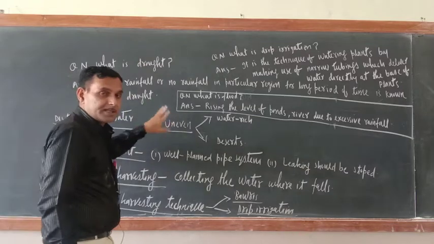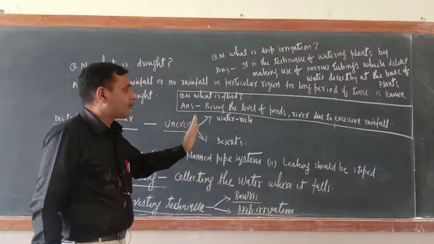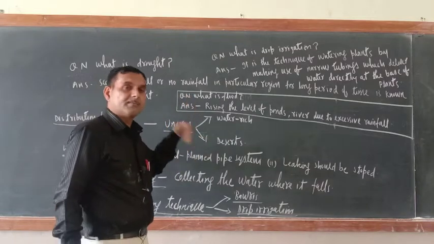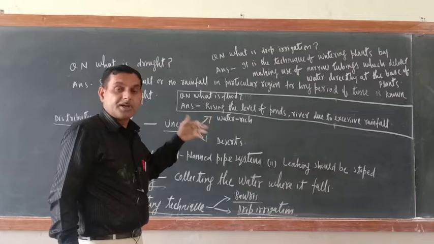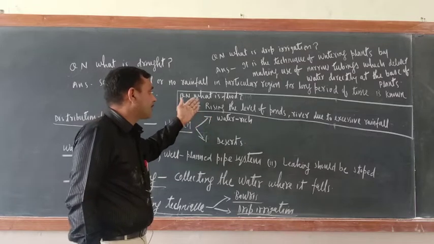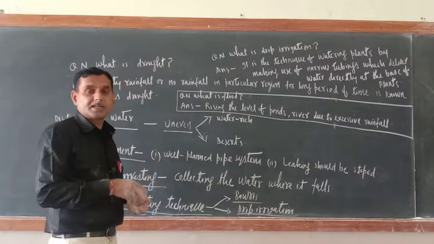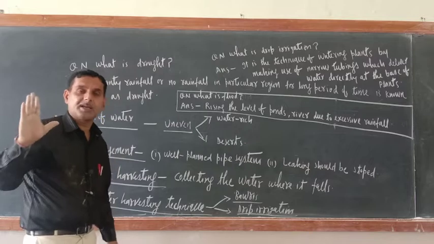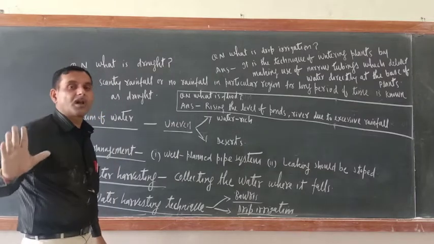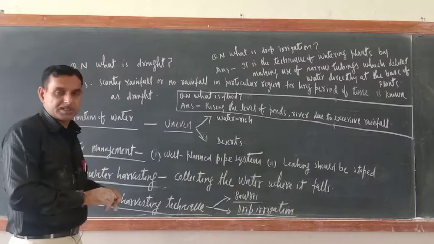The opposite of drought is flood. What is a flood? Rising of the level of ponds, rivers or some other water reservoir due to excessive rainfall. That state is known as flood, and flood is very devastating. This year, in most of the places in India, heavy rainfall was there, and almost everywhere a flood-like situation is there.